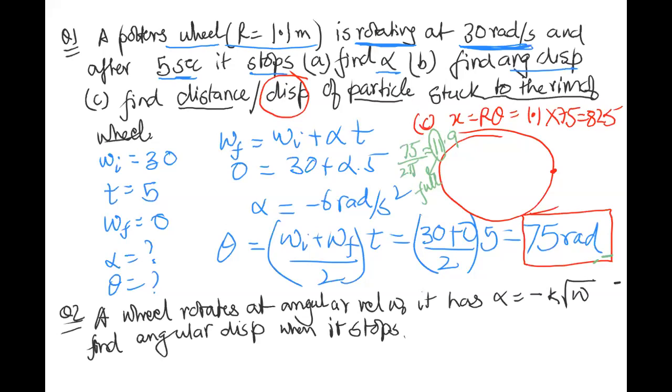This means that if I measure the angle as it goes round and round, 2 pi, 4 pi, 6 pi, doing this 11 times, the particle comes back here. After this it moves another 0.9 into 2 pi, which is 1.8 pi, so it is somewhere here.